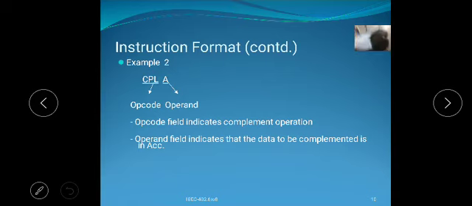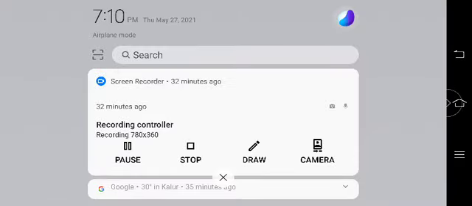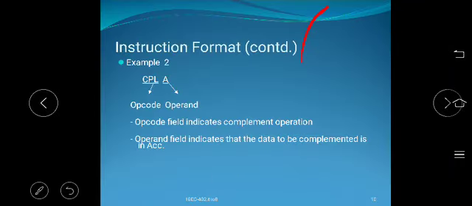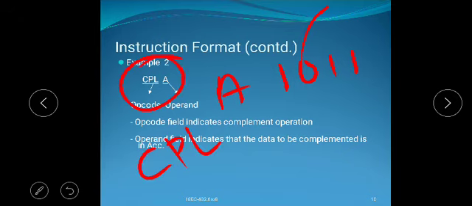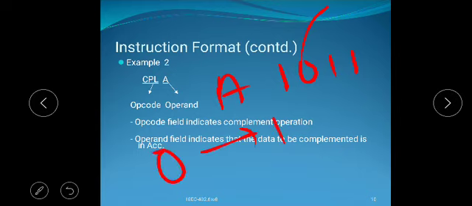Here, for example, A has the value 1011. We have to do the complement operation for this value. If you apply the instruction CPL A, then in 1011 every 1 goes to 0 and every 0 goes to 1.